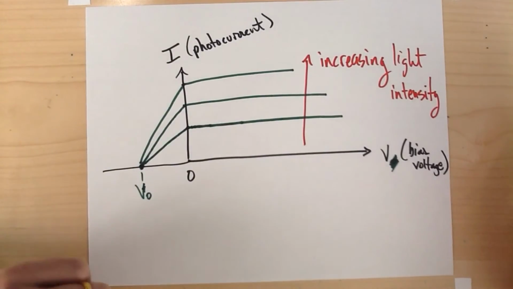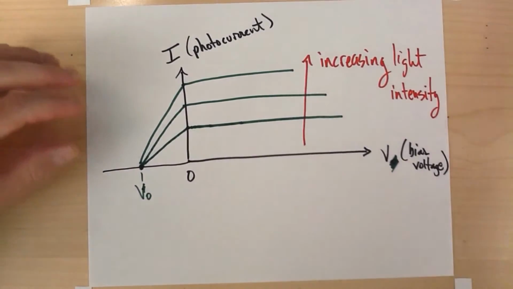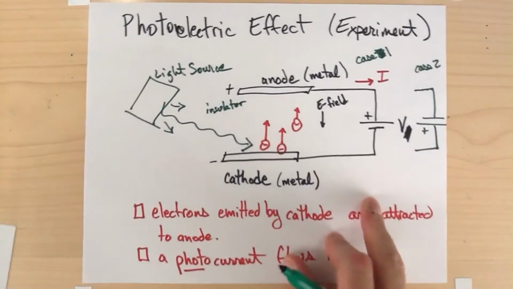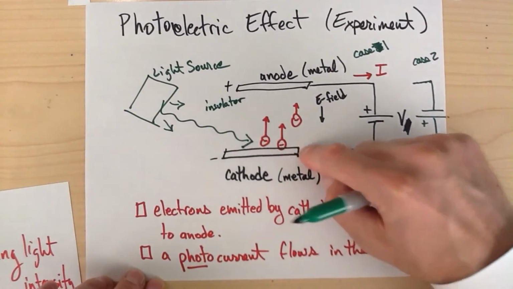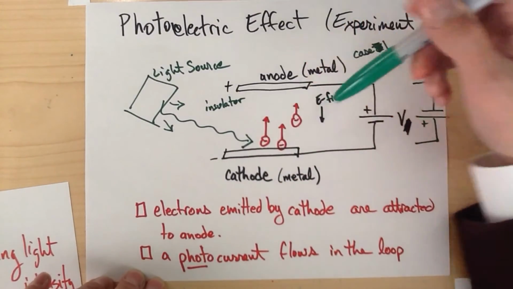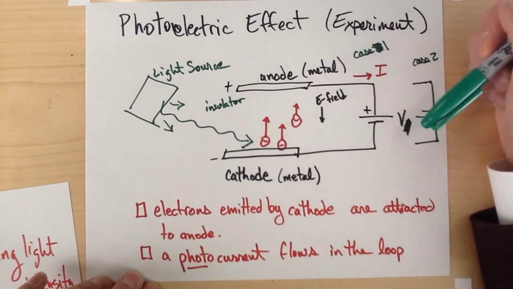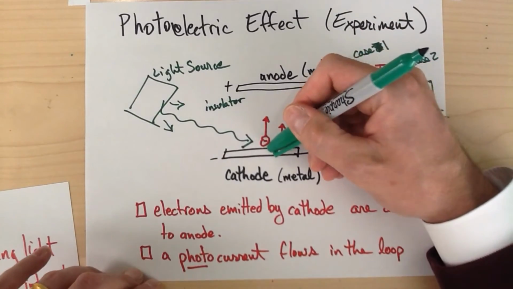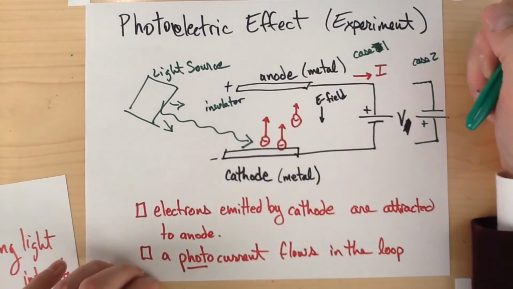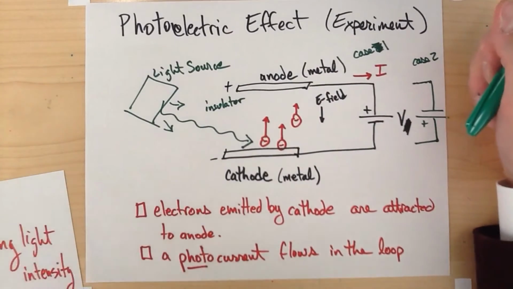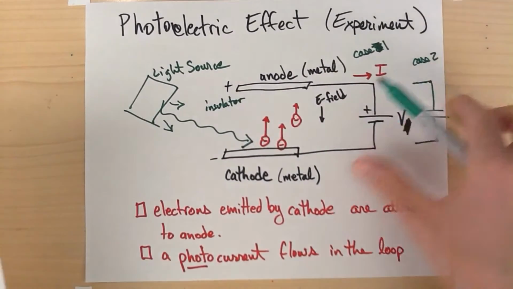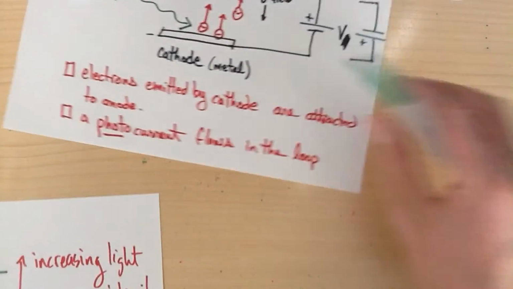But there's one other thing that's really important that we haven't talked about yet. If we go back here, these electrons are not just emitted and then hang out somewhere close to the cathode. They actually leave the cathode with some kinetic energy, proportional to the frequency.